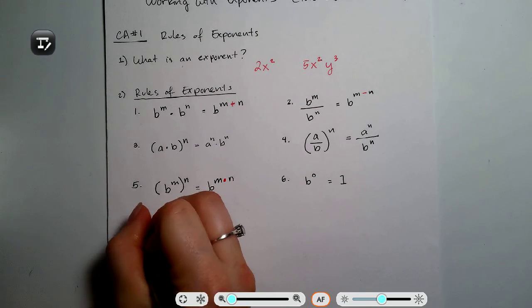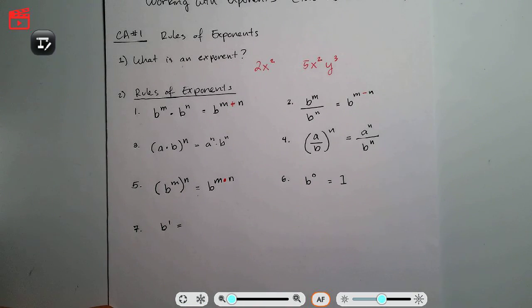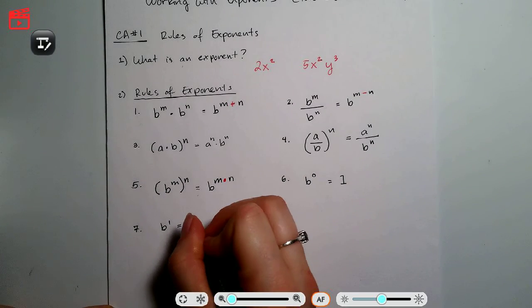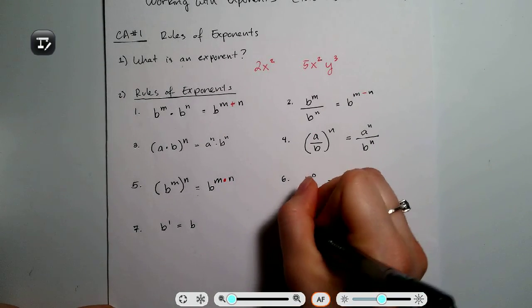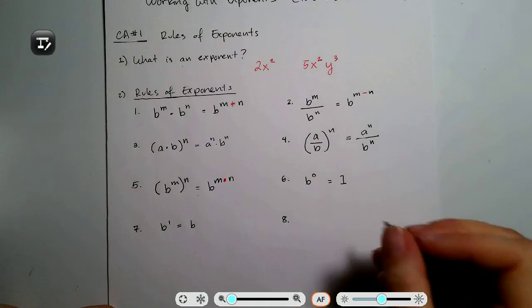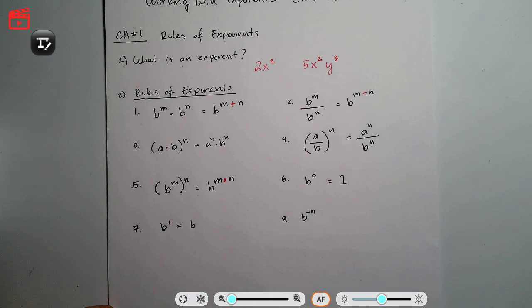Alrighty, and number 7. b to the 1 power. Well, anything raised to the first power is just going to be itself. So b to the first power is b. And the last one that we're going to take a look at, b to the negative exponent. This one I like to call fish out of water. I'll show you my reason.